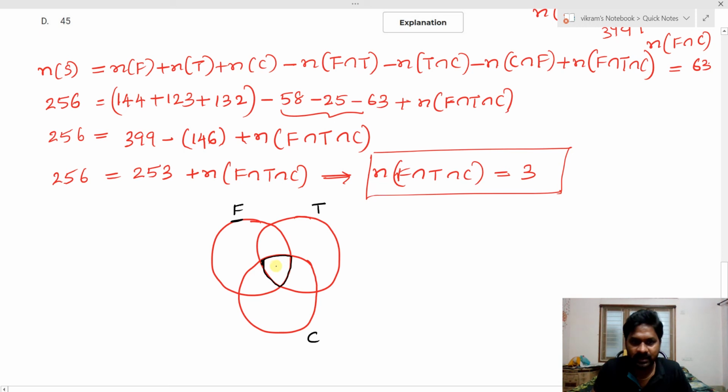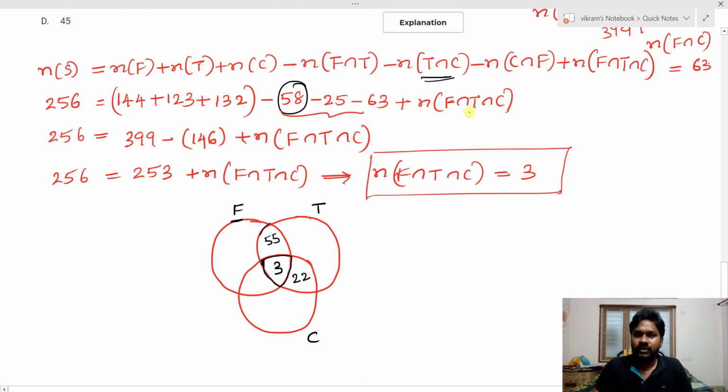This is the region where all three games can be played, totally three players. We know that the number of players who can play football and tennis is 58. From the 58, three players are already playing all three games, so this portion is 55. Similarly for tennis and cricket, we have 25, and since 3 is already counted, it is replaced by 22.